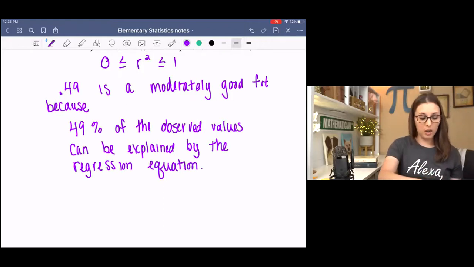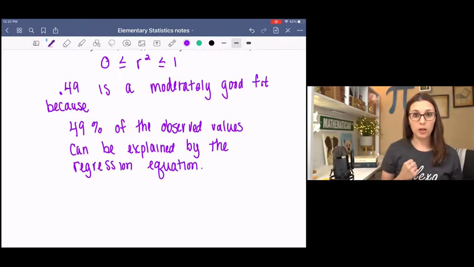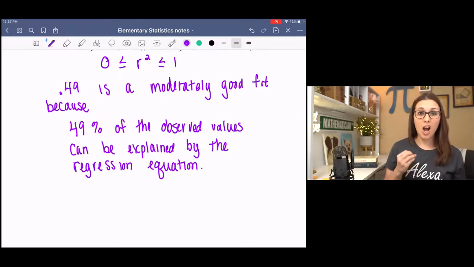So if we had gotten 1 for R squared, then that would be 100% of the observed values can be explained by regression. So it's just showing you a percentage.